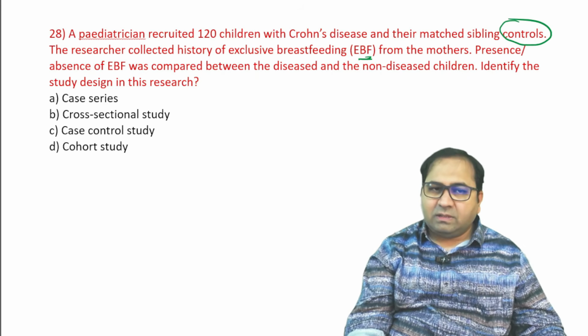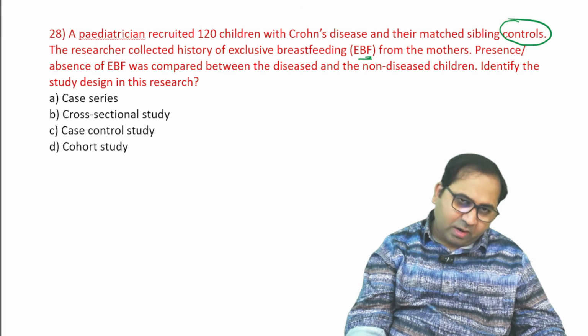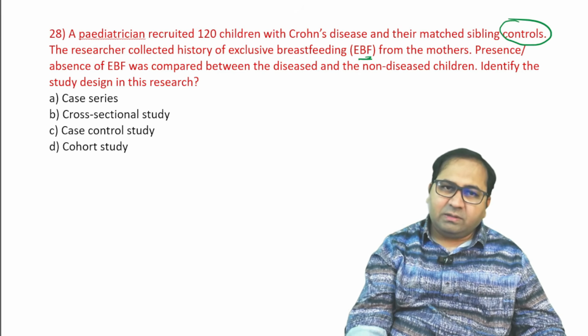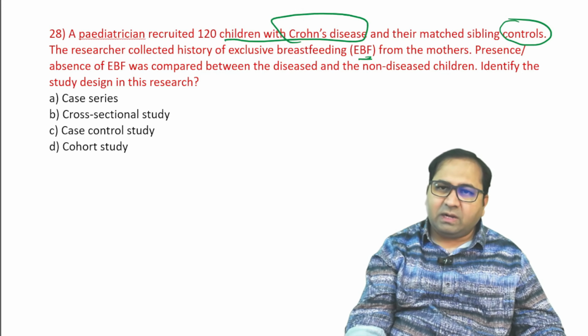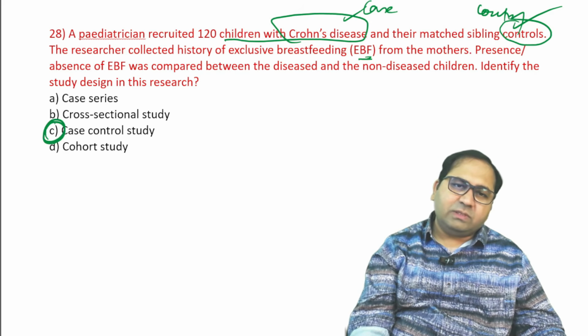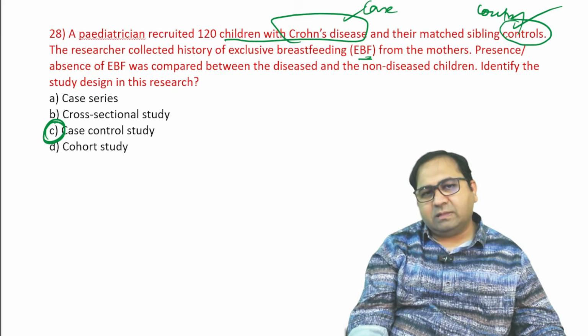Is it A, case series, B, cross-sectional study, C, case control study, or D, cohort study? We got the answer from the question itself. We are comparing the cases, that is children with Crohn's disease, with their controls. So it is a case control study. Please remember the question and also the answer.